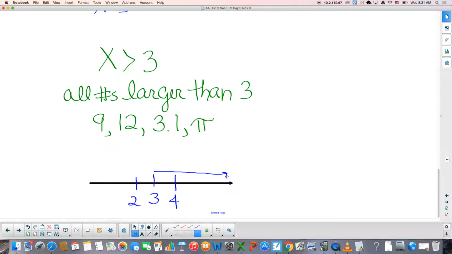And I'm going to go up to 3, and I always make big dots so you can see them, but they're really not big. You can get as close to 3 as you want. You can do 3.000001. I'm still not at 3. So we put an open circle here. Do you remember that? And that's a picture. That's what the lines on those graphs are. They are pictures of all the numbers that make that particular sentence true.